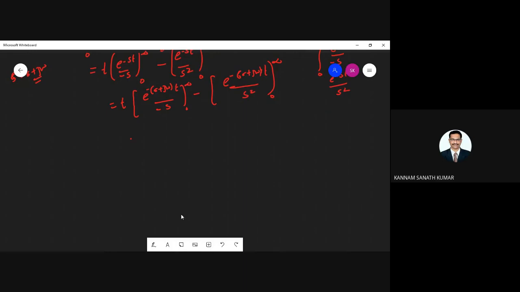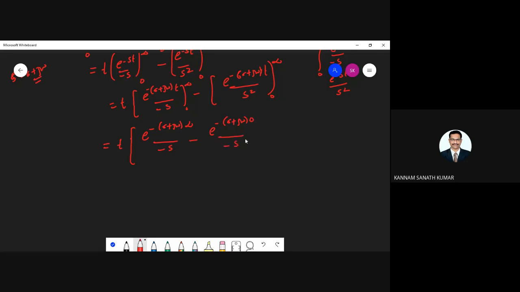What are you getting? If you apply the limits, this is t into e power minus sigma plus j omega into infinity by minus s, minus e power minus sigma plus j omega into 0 by minus s.